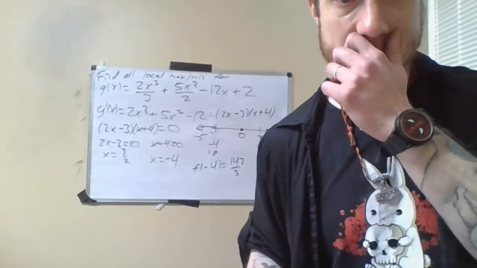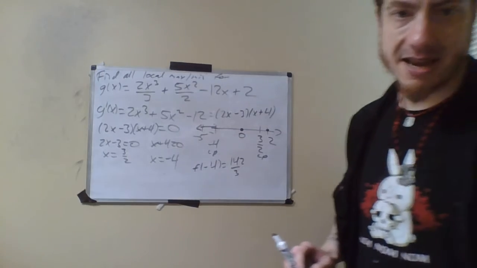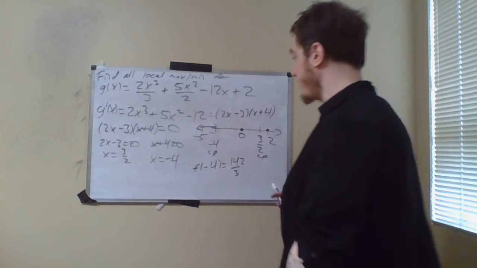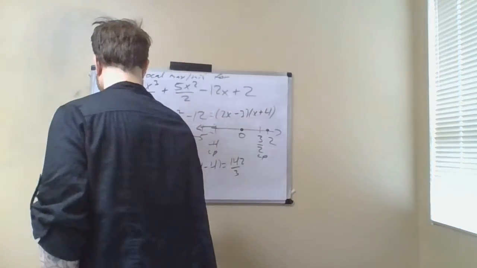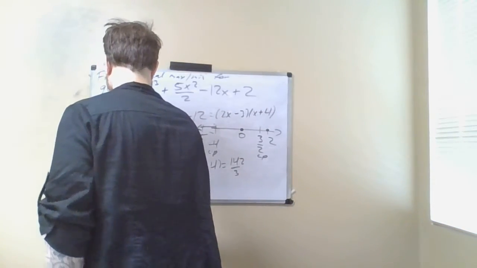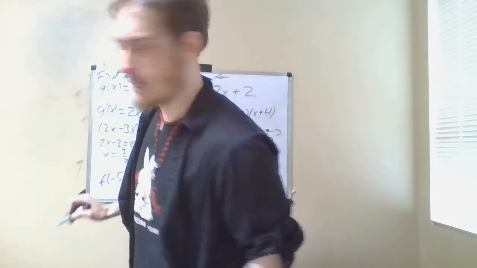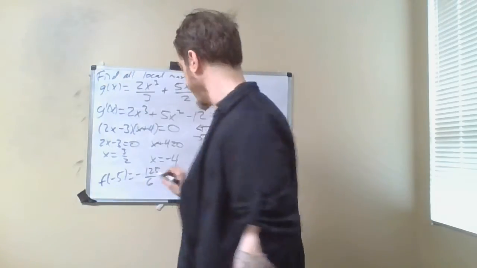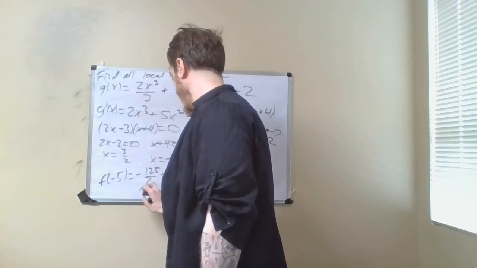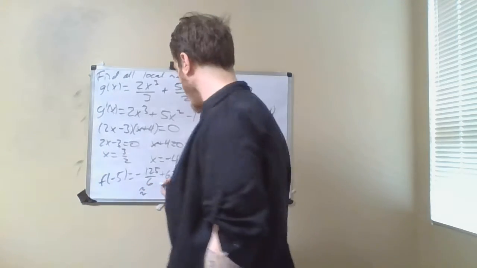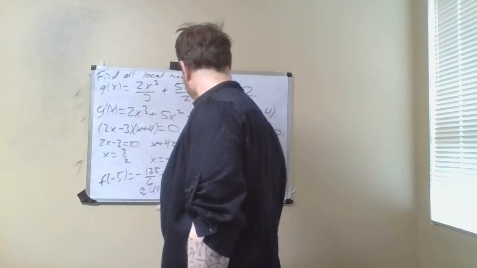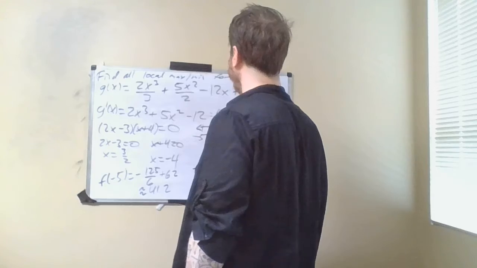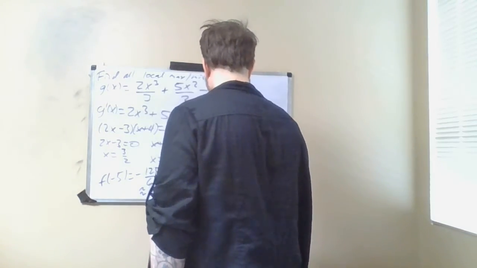If I do this one, I end up with -125 over 6 plus 62, which is approximately equal to 41.2. And then if I do f evaluated at 0, well, this is going to be equal to +2.